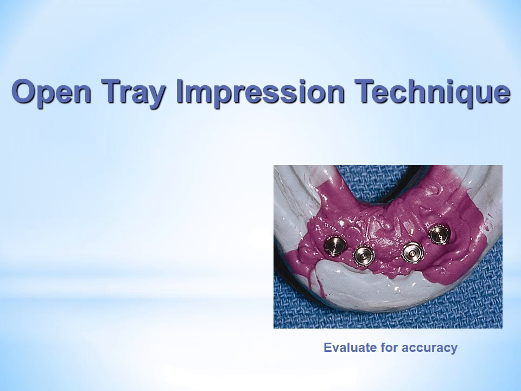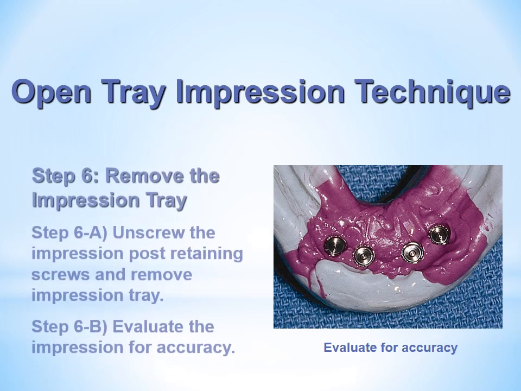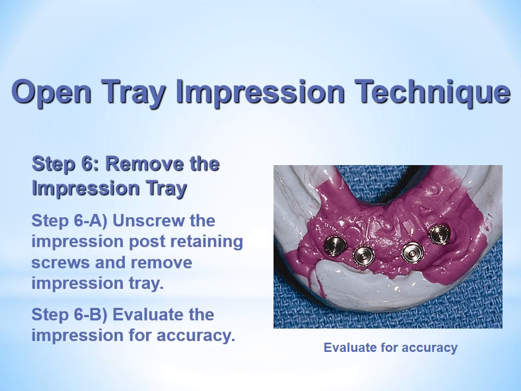And we can see the impression after removal from the patient's mouth, after unscrewing the impression post retaining screw and removing the impression tray, and then evaluate the impression for accuracy.